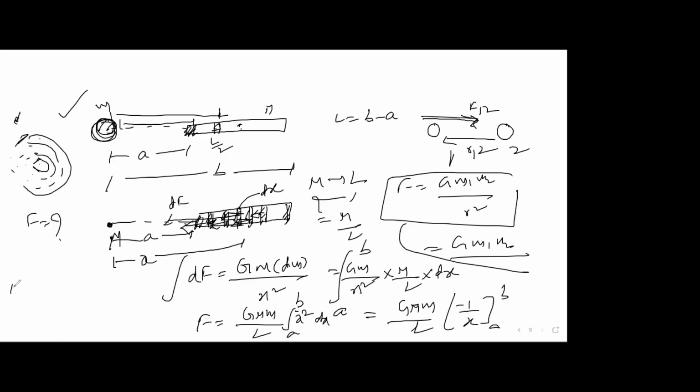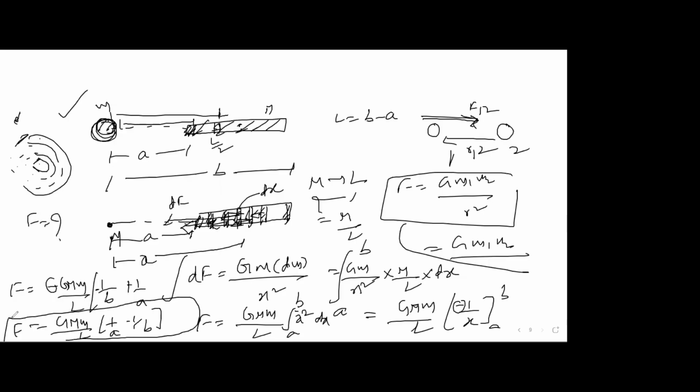If I simplify this expression, the force on this rod of uniform length L because of the point mass is minus G capital M small m by L times the upper limit minus the lower limit, with the minus already taken outside. So this becomes 1 by B minus 1 by A. If I take the minus inside, it becomes G capital M small m by L into 1 by A minus 1 by B. This is the value of the gravitational force because of this point mass on the entire uniform rod.